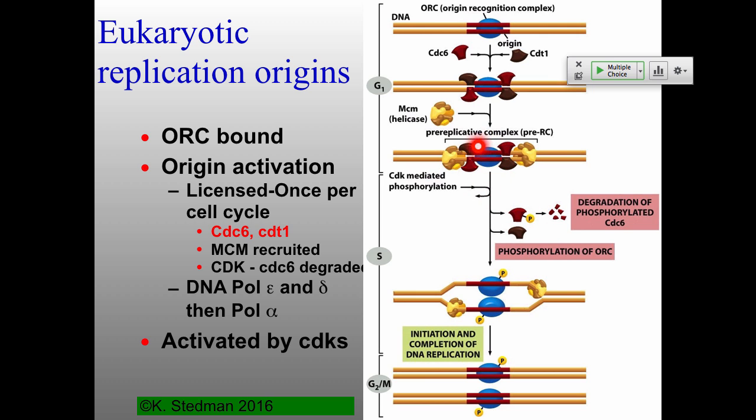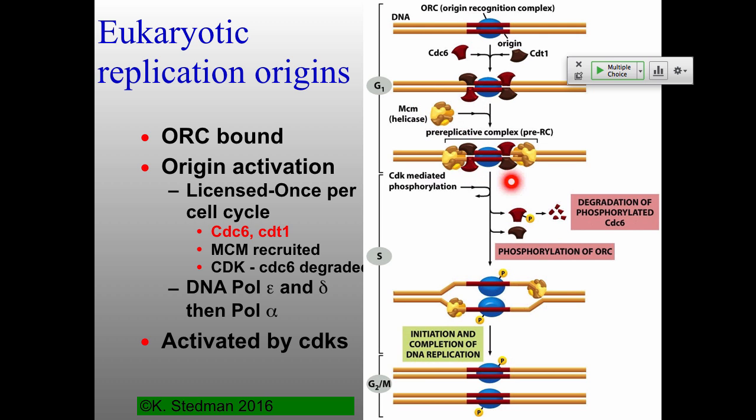Phosphorylation happens to the ORC complex, but also to CDC6. What's doing this phosphorylation? It's cyclin-dependent kinases. In the cell cycle, how is the cell cycle driven? It's driven through phosphorylation, and that phosphorylation is due to these cyclin-dependent kinases. Cyclin-dependent kinases will only recognize this initiation complex if you have CDC6 and CDT1. And then that puts the helicase together.